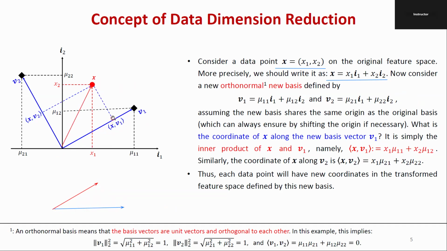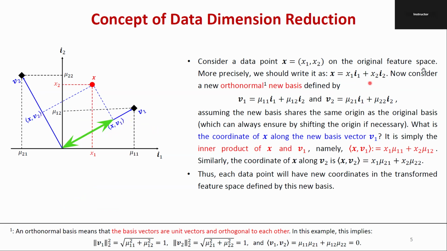Or I can say it this way to make it even clearer. The length from here to this point is simply the inner product of x and v1.